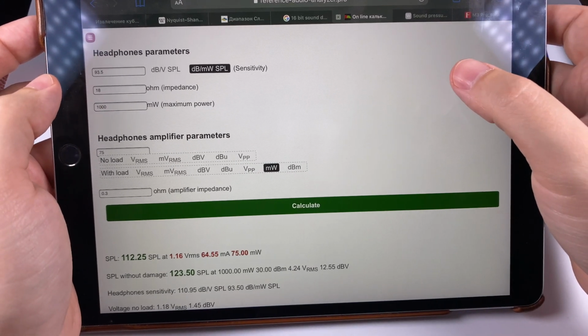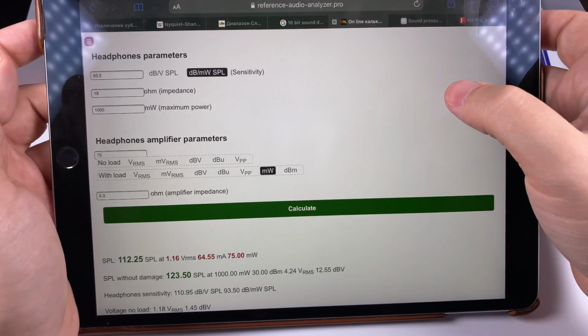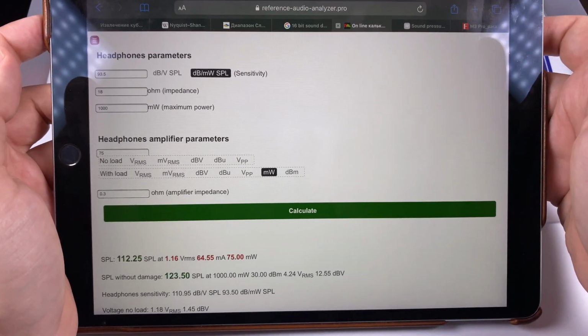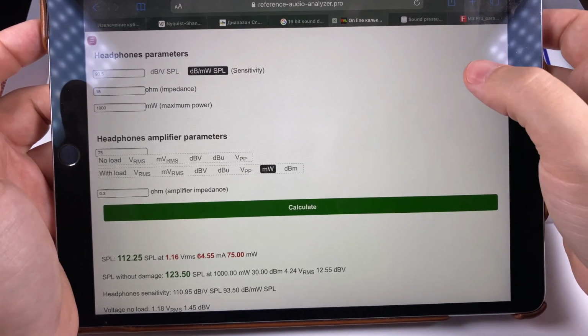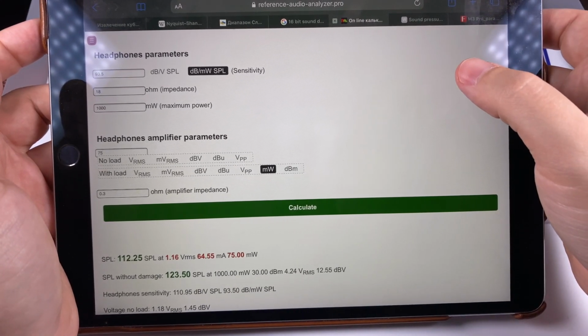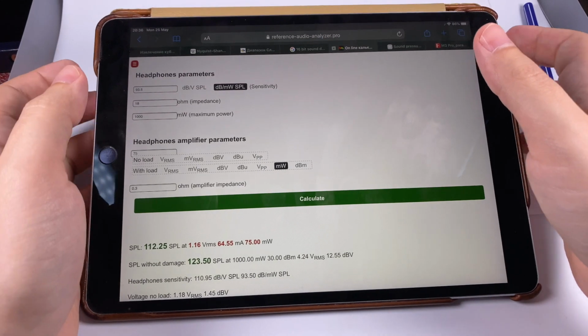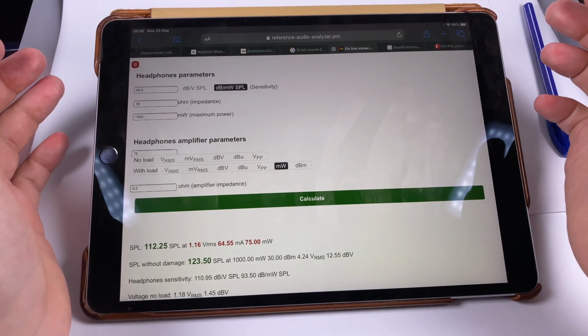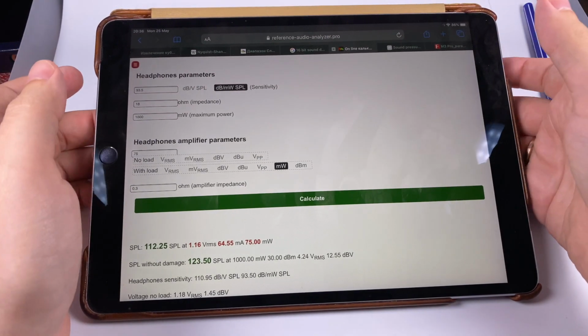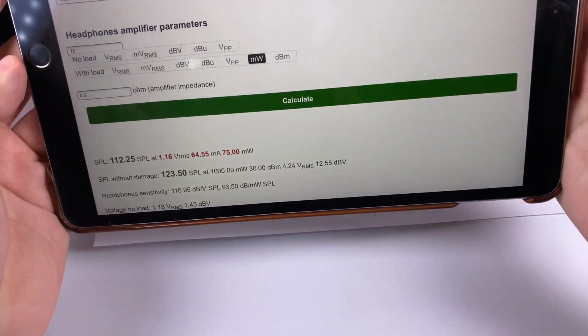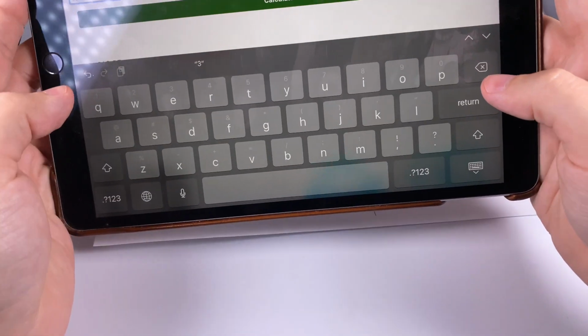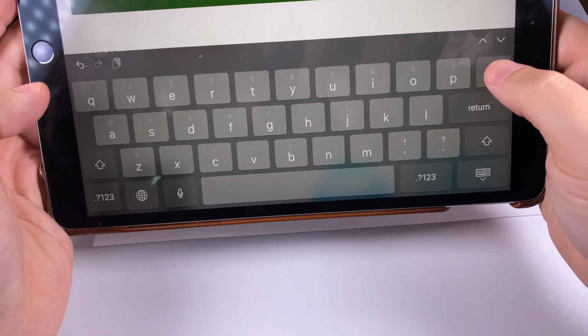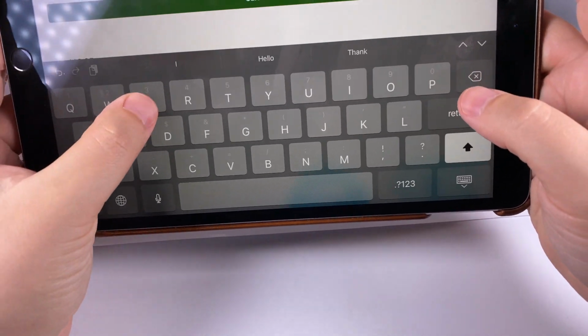But when we're not talking about such extreme cases, you can use this calculator to make some approximations and assumptions about how well some headphones will fit some amplifiers.